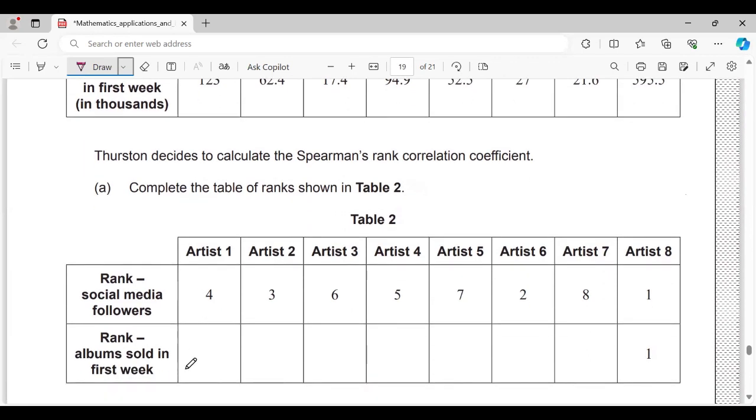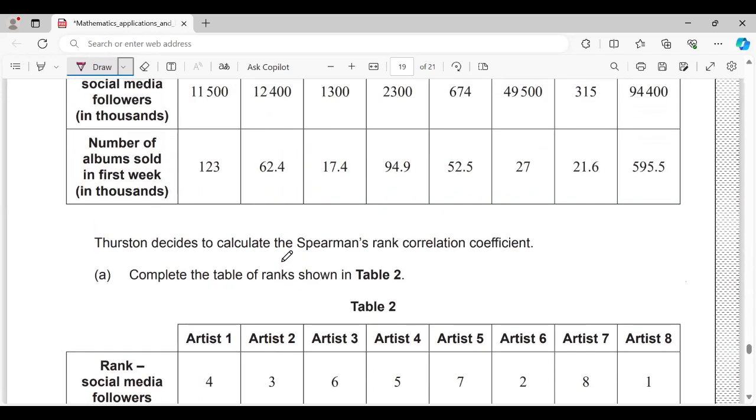For artist 1, the rank of social media followers is 4, and the rank of albums sold in the first week is 1.